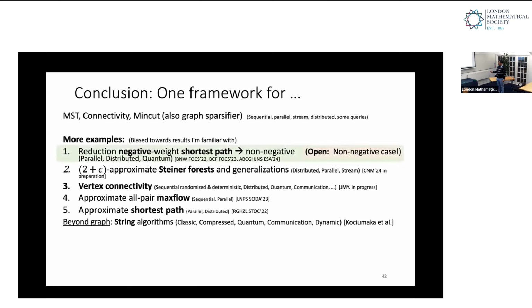I want to say one caveat for this first point. This is, first of all, based on the FOCS 2022 best paper, but this is only the reduction, which is cross paradigm. So the reduction from negative weight shortest path to non-negative weight shortest path, but once you go there, how you solve the non-negative weight shortest path really depends on which model you are working on.